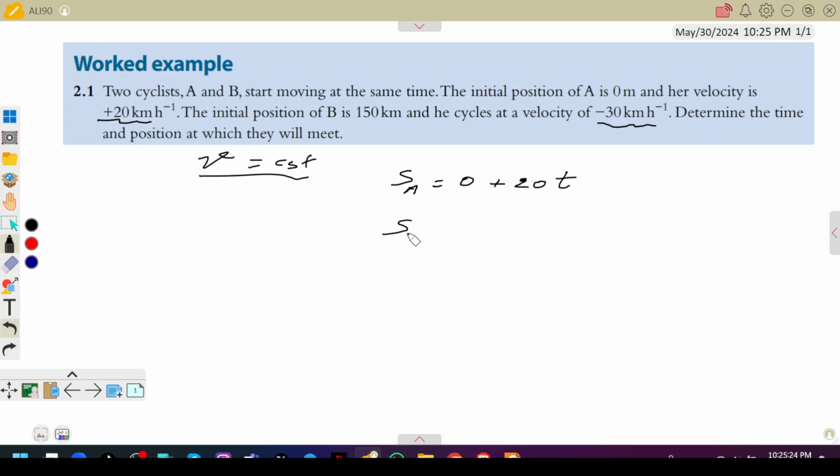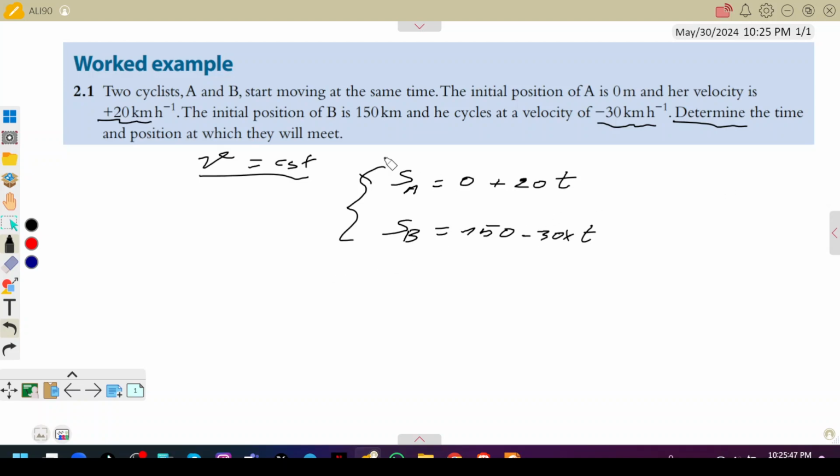For B, the position of B would be the initial position, 150, and the velocity would be minus 30 times t. So using these two formulas we can determine the time and the position of the two.